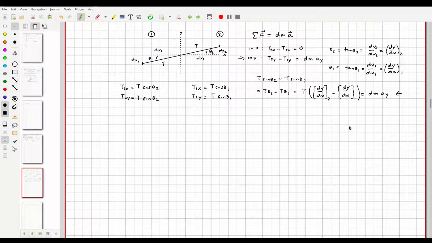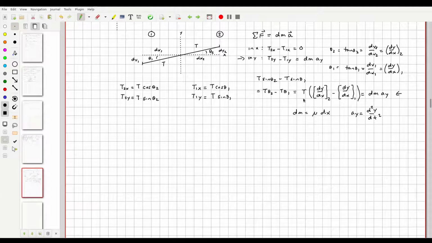Okay. Now, let's flesh this out a little bit more. I will remind you that dm is equal to mu times dx. Also, ay is the acceleration in the y direction, or the second derivative of y with respect to t.